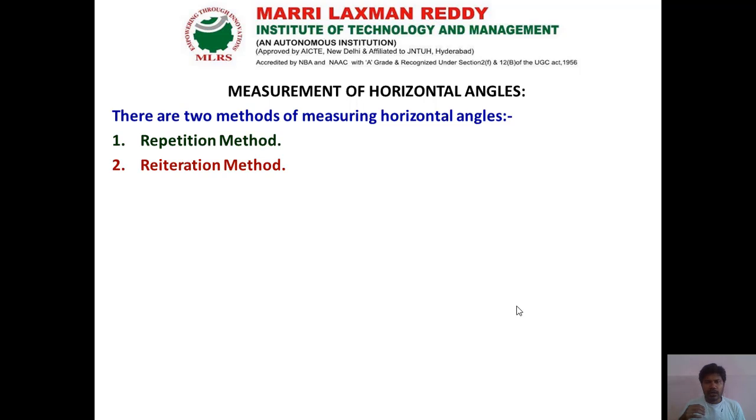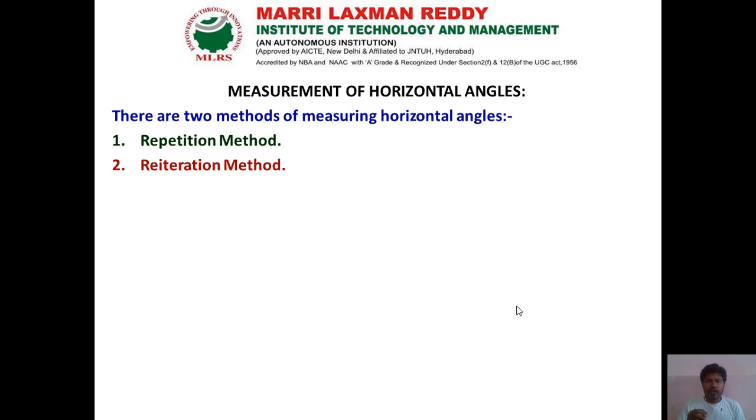Now there are two methodologies available to get the horizontal angle: one is the repetition method, another is the reiteration method. The repetition method is used to get the horizontal angle very accurately between two objects.